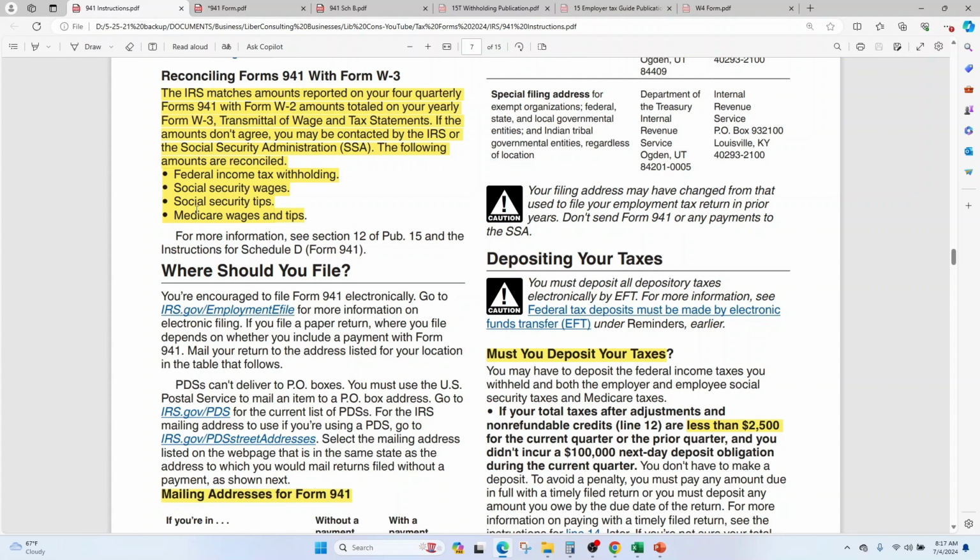One thing I like to do, though, is this: W-2 and W-3 are due by January 31st, and the quarter 4 Form 941 is due by January 31st as well. So what I like to do is complete Form 941 but not submit it, and then complete the W-2 and W-3 and compare those numbers to see if you need to make any adjustment.